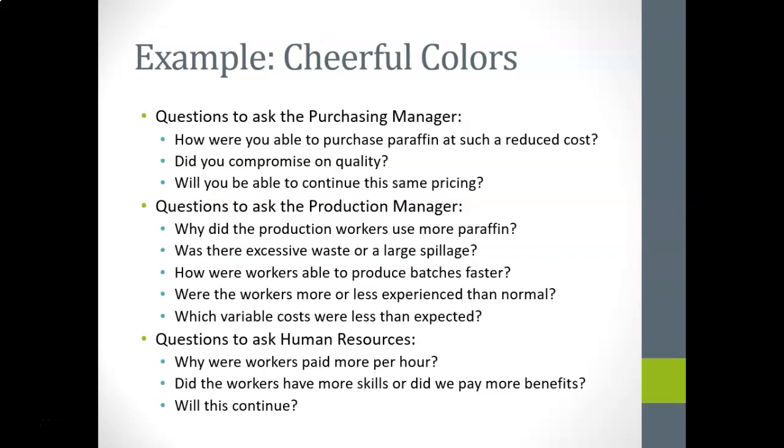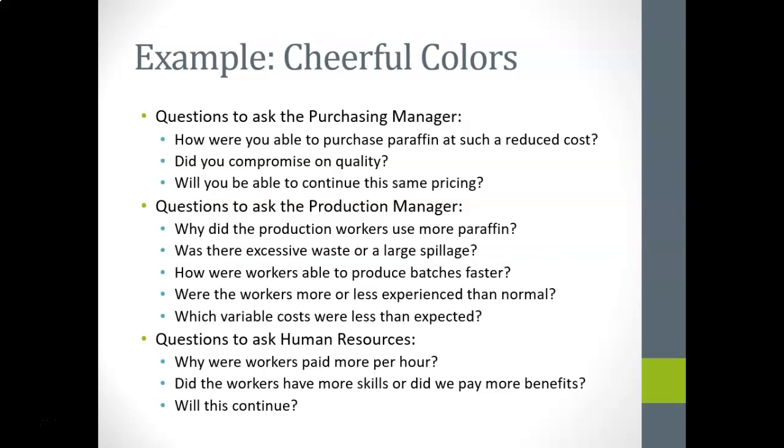Okay, did we have some kind of incentive for the workers to work faster? Of course, that could also have caused excessive waste and spillage of the paraffin if the workers are trying to go too fast, because they're going to get an extra bonus if they work faster or something like that. So how is it that they were working faster?